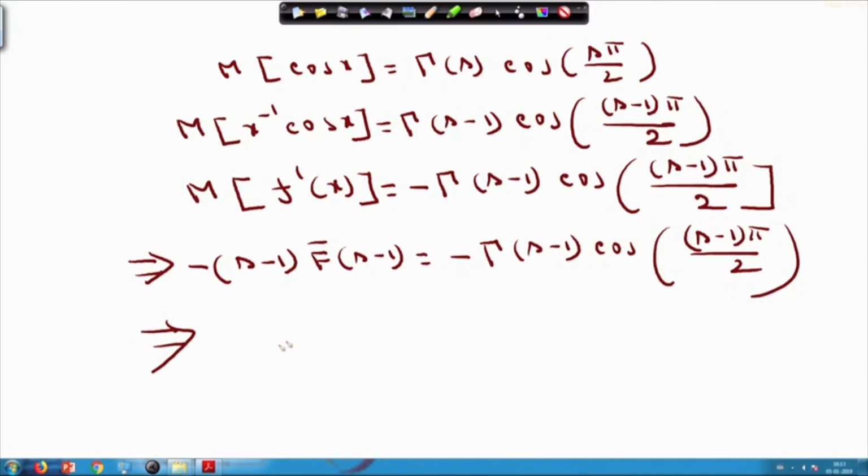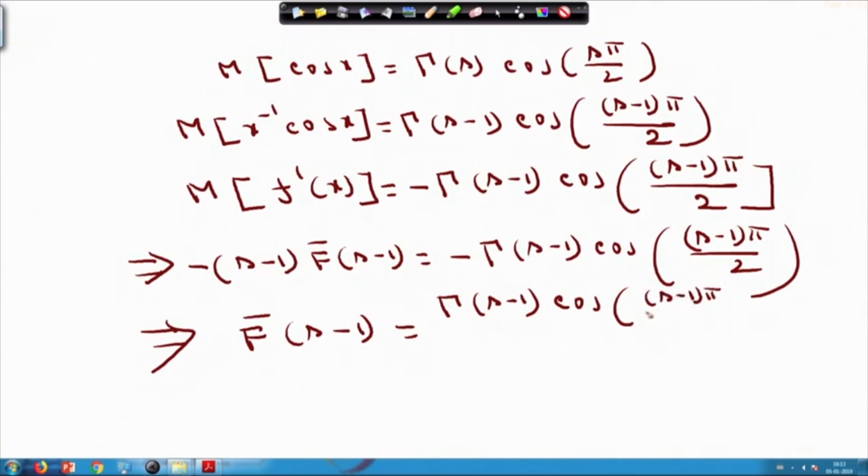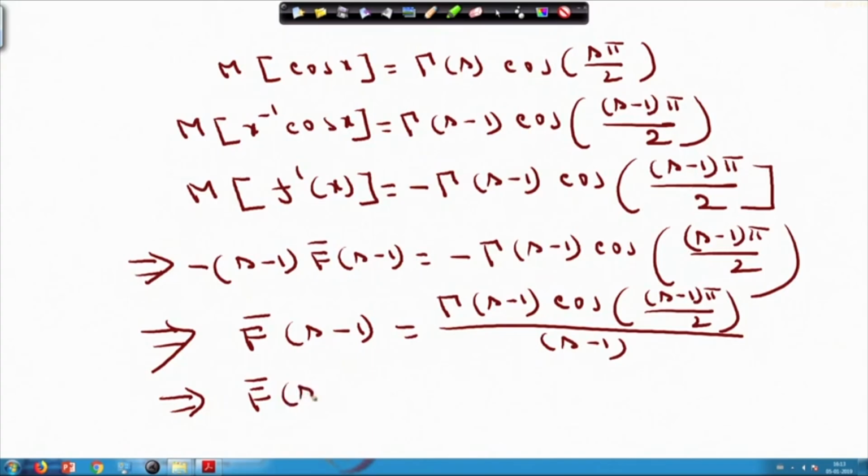So, from here you can write f bar s minus 1 equals gamma s minus 1 into cos of s minus 1 into pi divided by 2 by s minus 1. Once I get this, again from here f bar s I can write as gamma s cos of s pi by 2 divided by s.